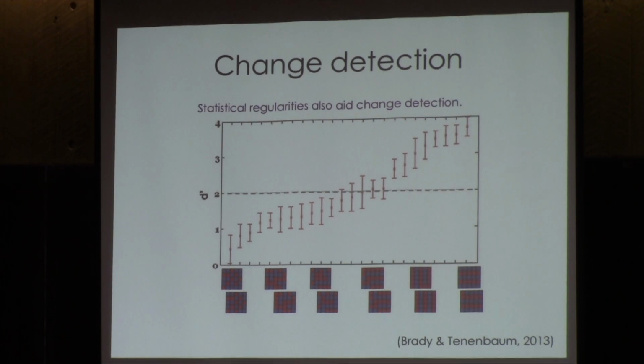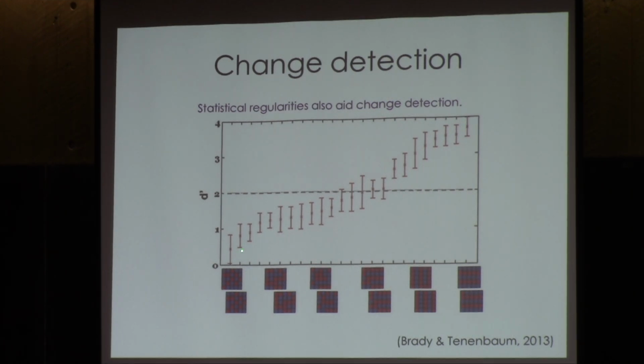The next thing that we looked at was change detection. So there are these experiments by Brady and Tenenbaum where they showed these displays of dots where the task of the subject was they would see one of these displays, then it would disappear, and a new display would come on, and they'd have to detect whether there was a change in the dot configuration from one display to the next.